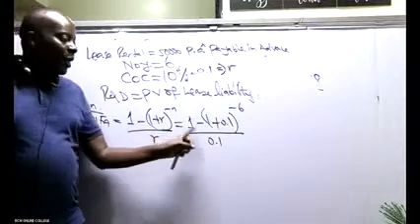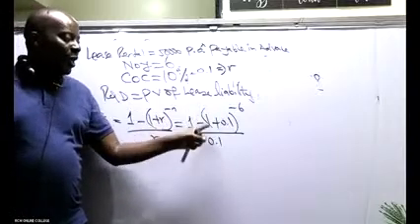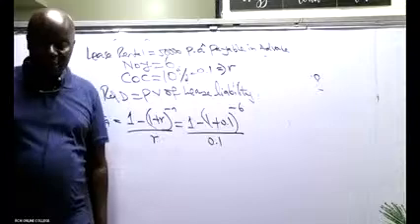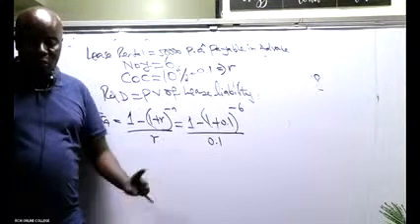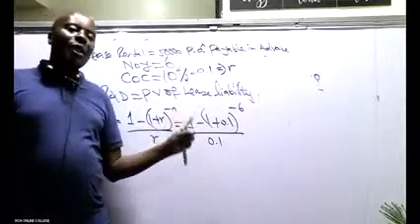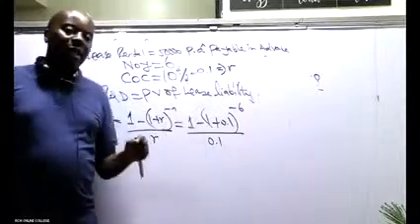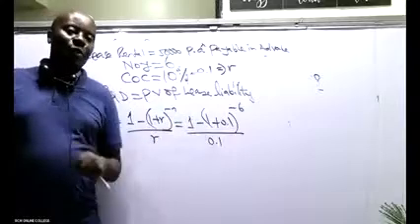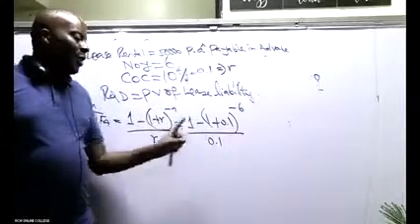You say 1 minus, open brackets, 1.1, close brackets. Don't say equals anywhere. Say raised to negative 6. Now you say equals after you finish the numerator. Then whatever you get, you say divided by 0.1.